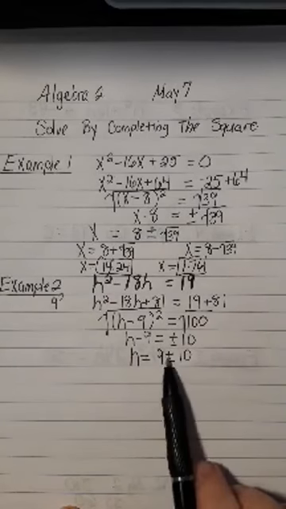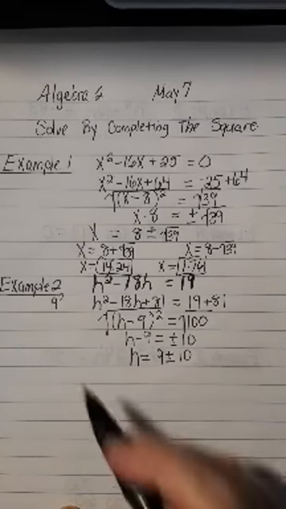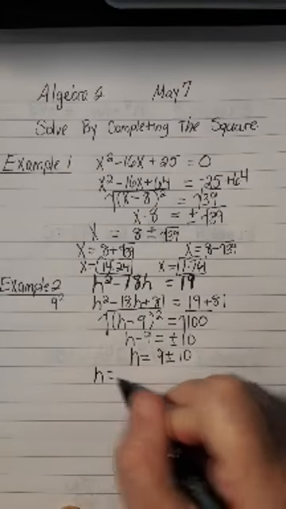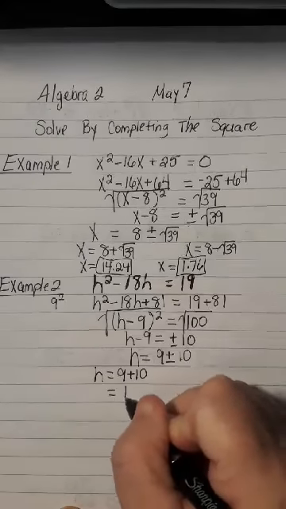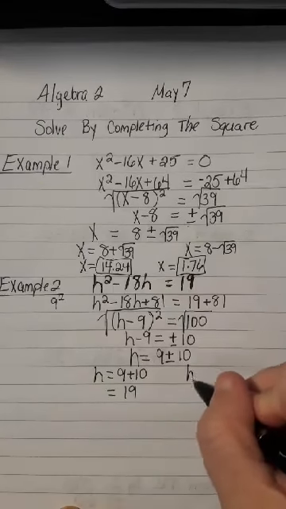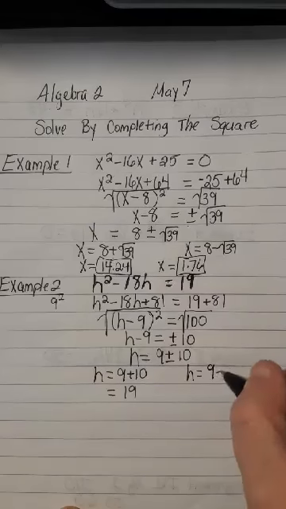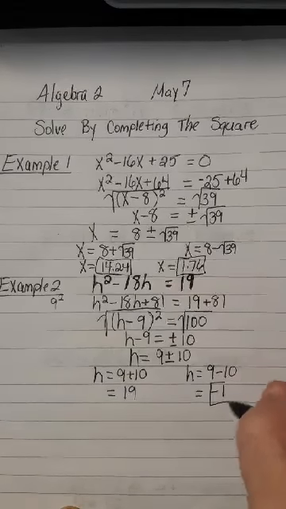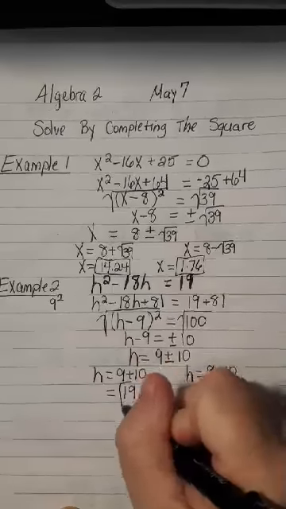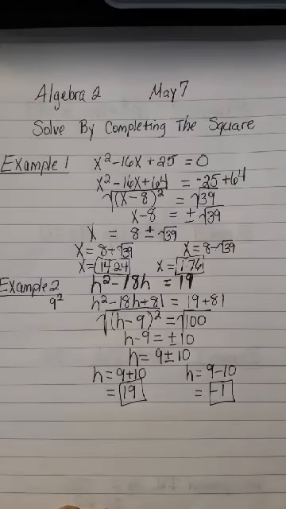You can just do 9 plus 10 and 9 minus 10. So h is going to equal 9 plus 10, which is 19. And h is going to equal 9 minus 10, which is negative 1. And those are your two answers. I like that kind where you don't have to work with your calculator.